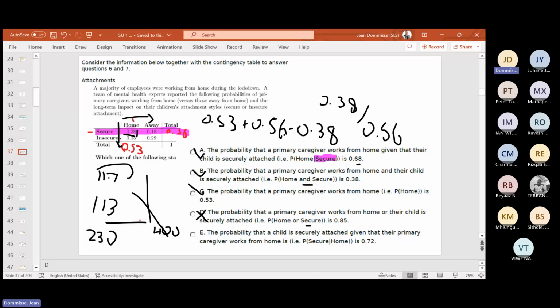So that again would now be the 0.38 divided not by 0.56, but now given the home, so 0.38 divided by 0.53. And that will give us 0.72. So that again is correct.